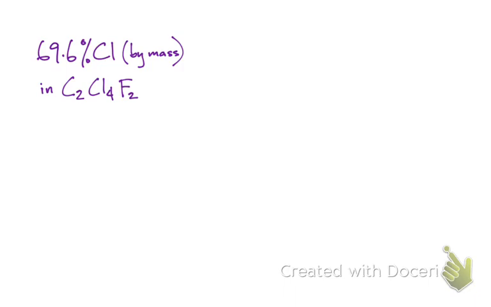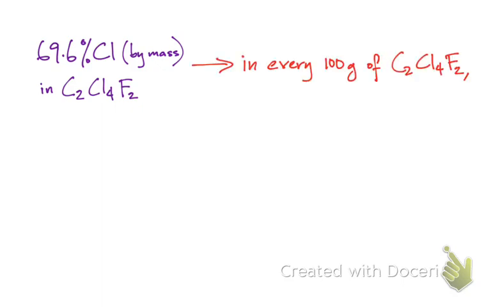All right, so what does it mean exactly by 69.6% chlorine by mass in this given compound? What this means is that if you have 100 grams of the compound, in every 100 grams of this compound, you have 69.6 grams of chlorine in total.